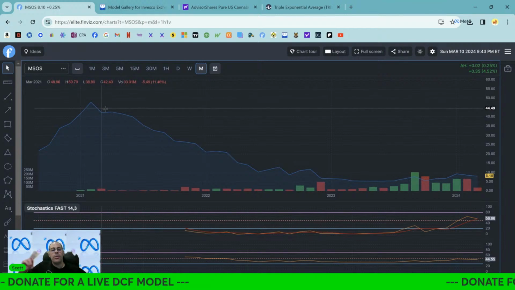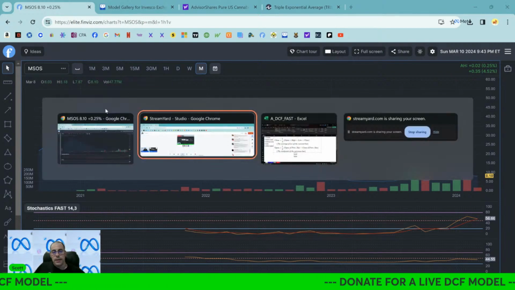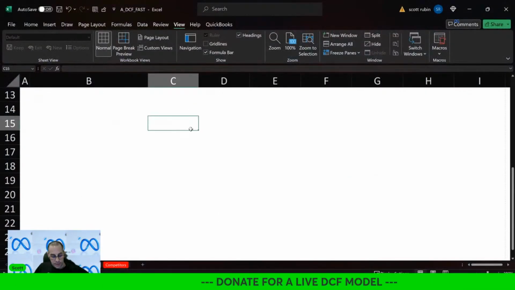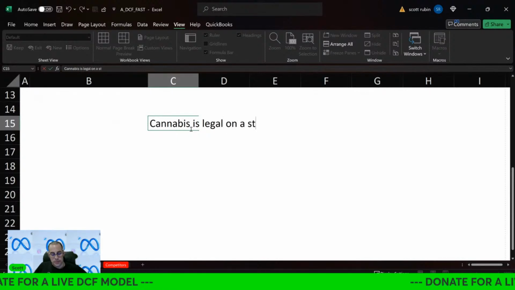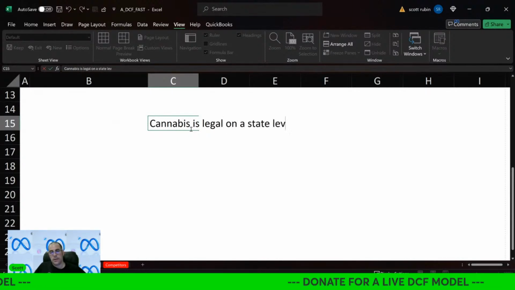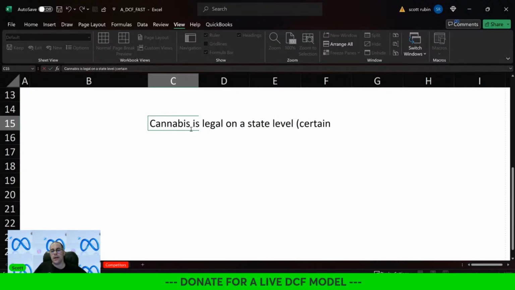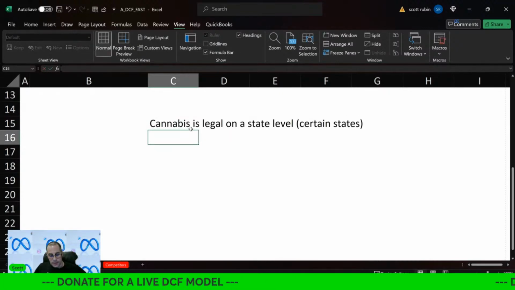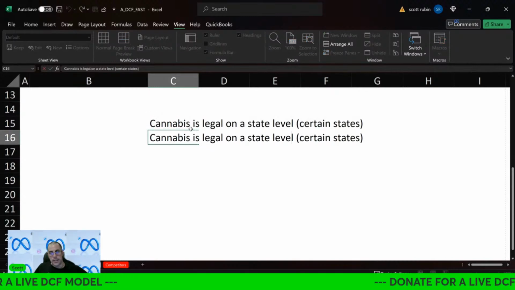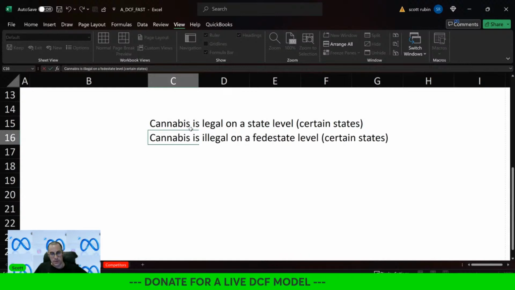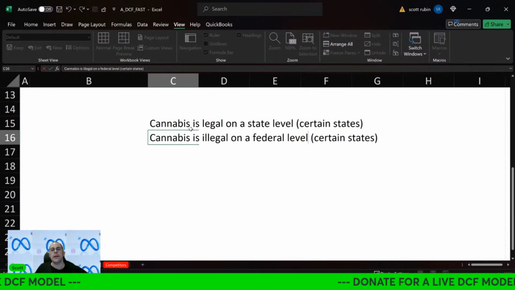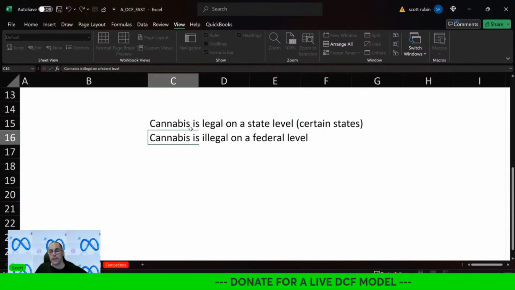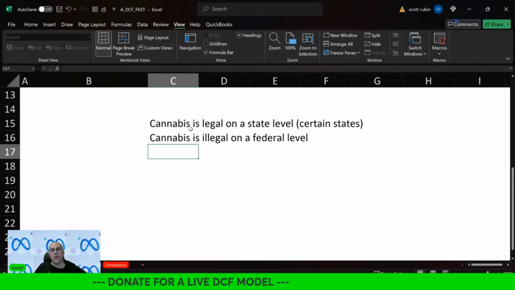The whole thing was that, well, you probably know this, but cannabis is legal on a state level in certain states, not every state. I'm talking about the U.S., of course. It's illegal on a federal level, because laws are either state laws or federal laws.